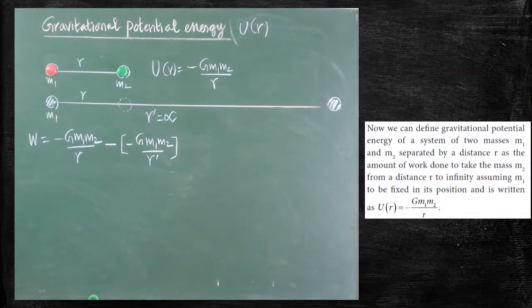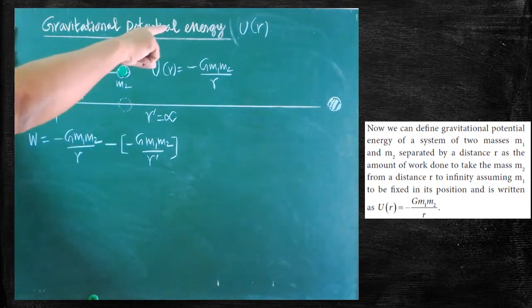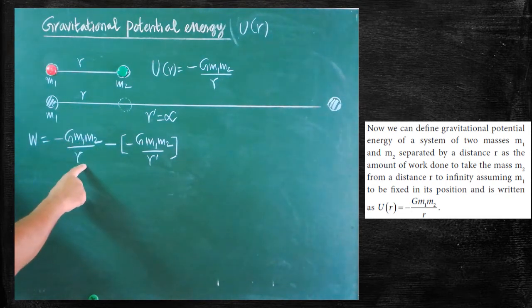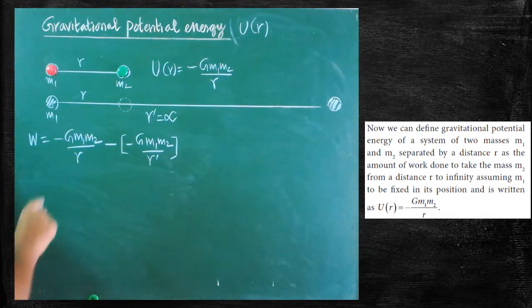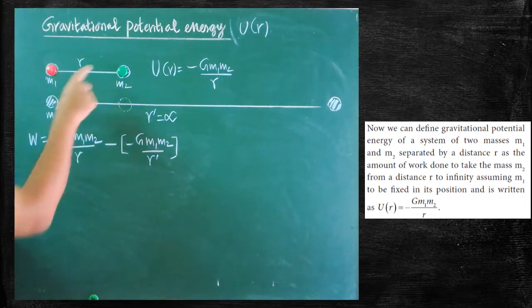Now we are going to learn a new term called gravitational potential energy. It is represented by the letter U. Look here, we have already derived this equation: W is equal to minus G m1 m2 divided by r minus of minus G m1 m2 divided by r dash. Initially the two masses are separated by a distance r.